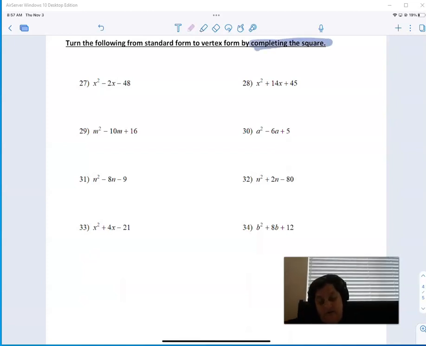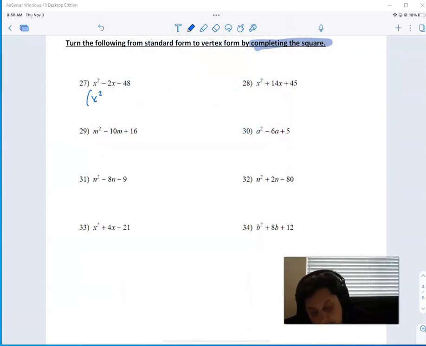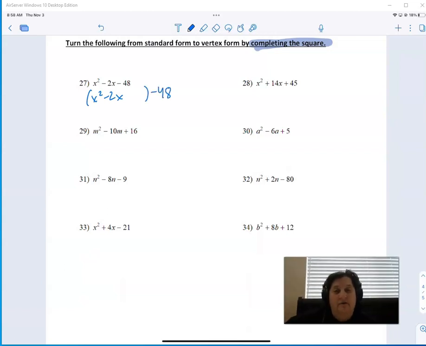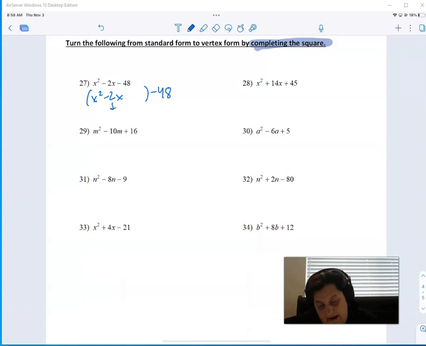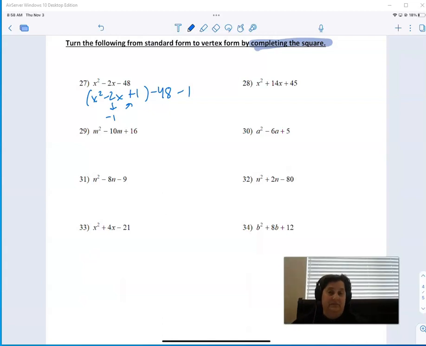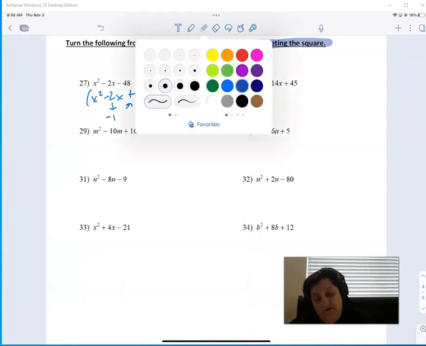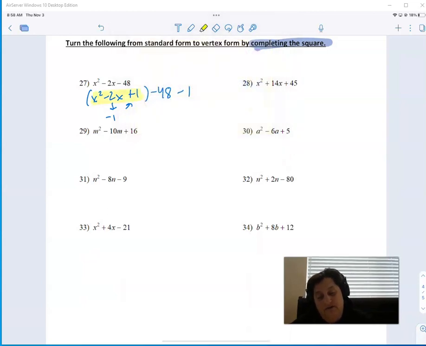And then the last little part is not factoring, but completing the square. We move the term out and 48 out. We take half of the middle, square it, and if I put plus 1, I have to put minus 1 to balance it out. So my answer goes, well, first you say, what does this factor to?